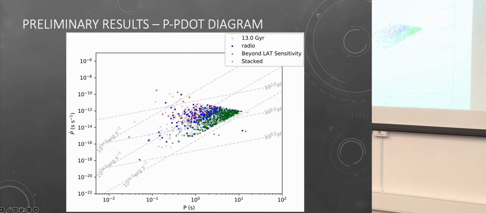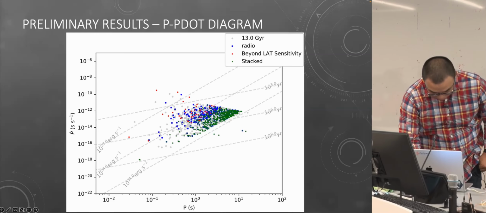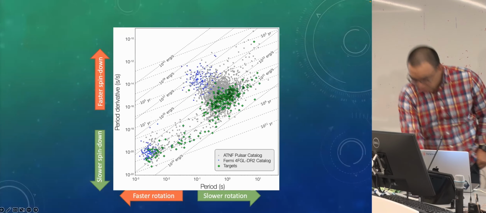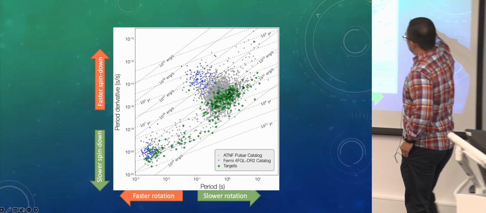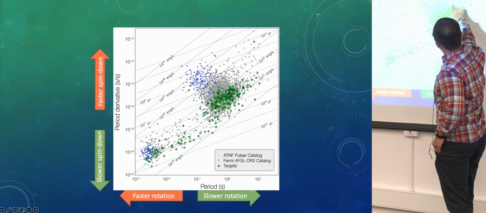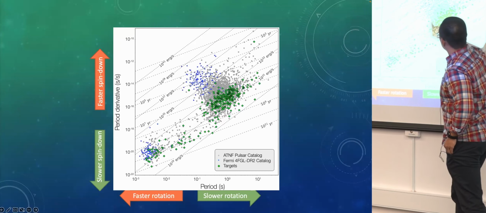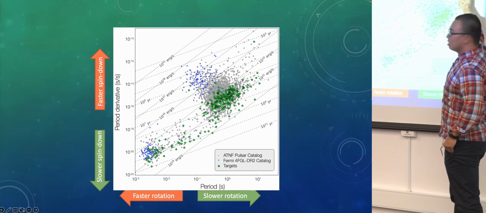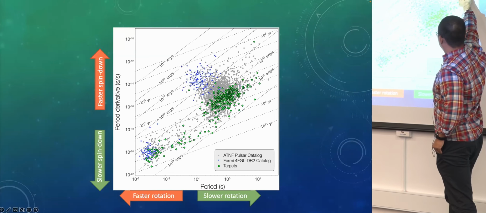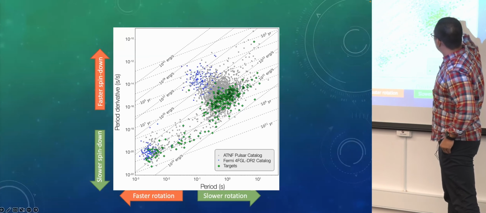Yeah, so actually, if we go back over here, people used to think that this range, this Edot, is some sort of gamma-ray deathline, because there were practically none of the gamma-ray pulsars observed down here.